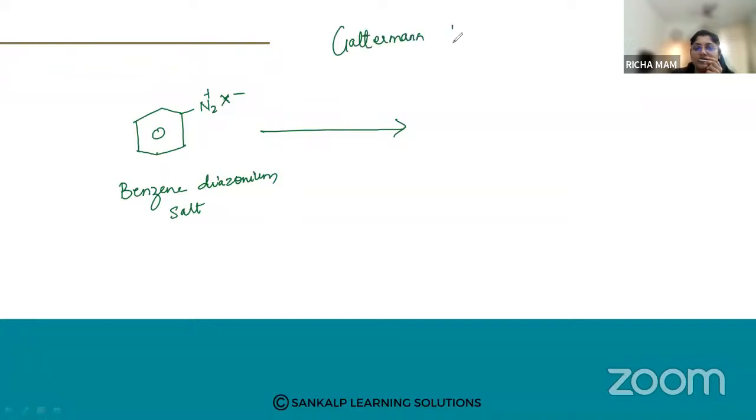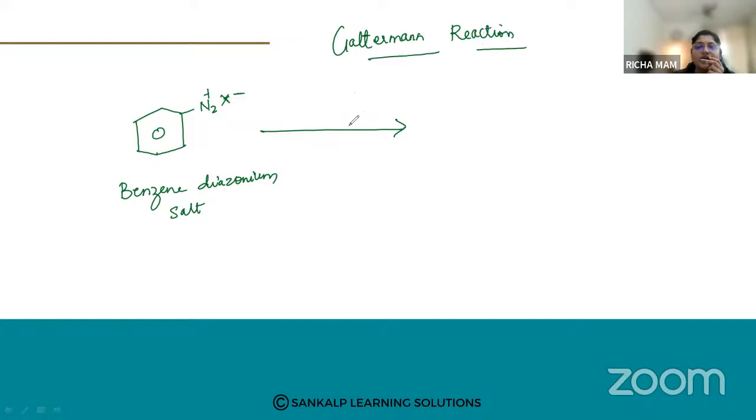Ar N2+ X-, this is our benzene diazonium salt. Now this benzene diazonium salt, what am I going to do with it in the Gattermann reaction?